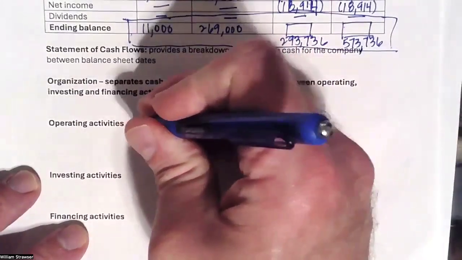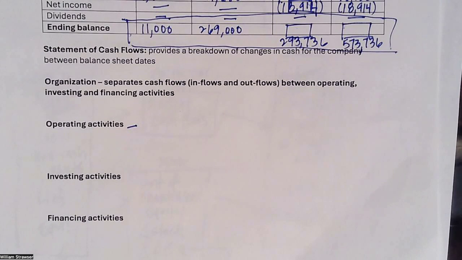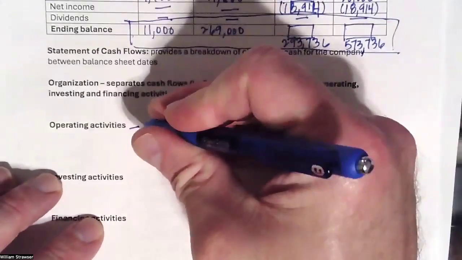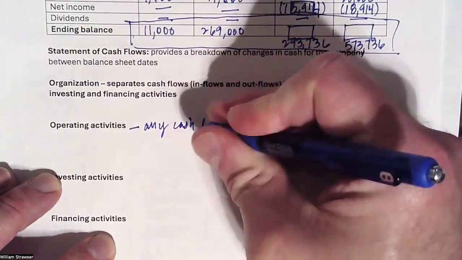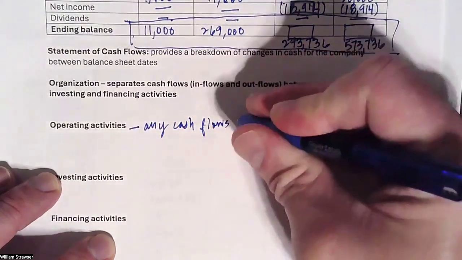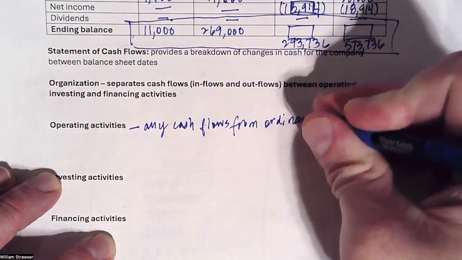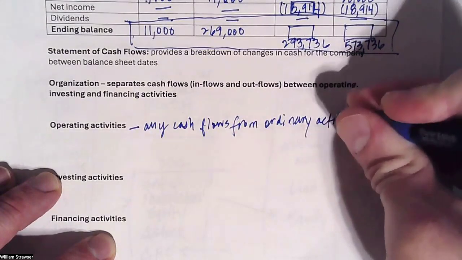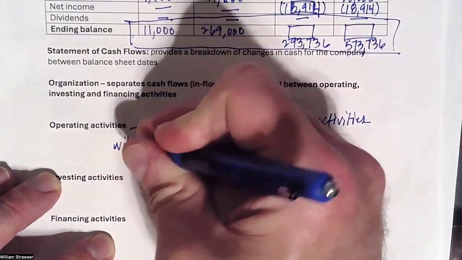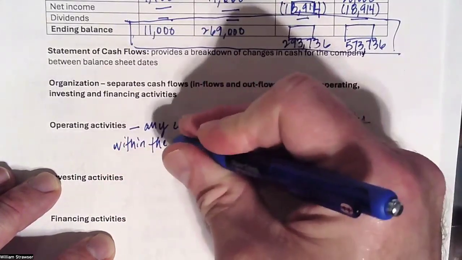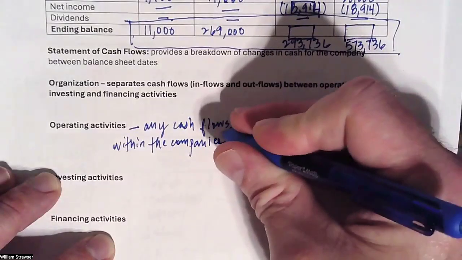In turn, the operating activities are any cash flows from ordinary transactions in the business model. So any cash flows from ordinary activities within the company's business model.